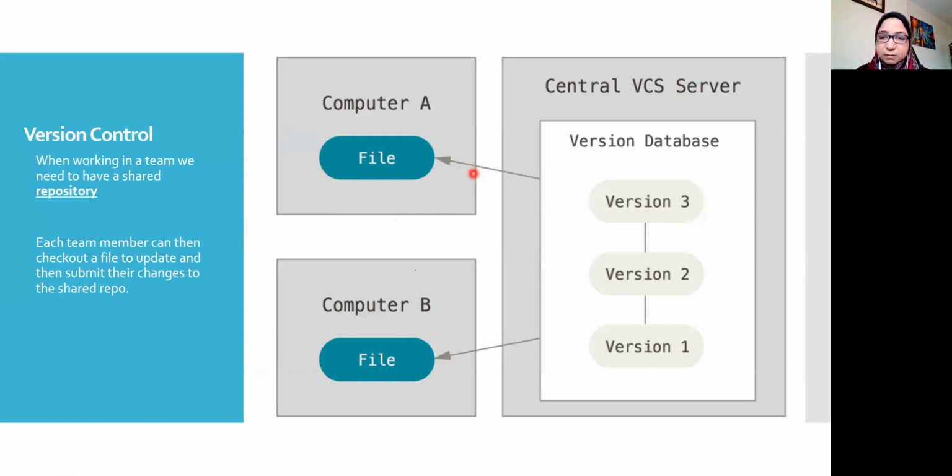Pretty much, we have a database of versions. Different versions of the file are stored in a database, and we call this database a repo or a repository. Anyone who wants to work with this takes a copy of the file from the repository, makes the changes, and then returns it back.